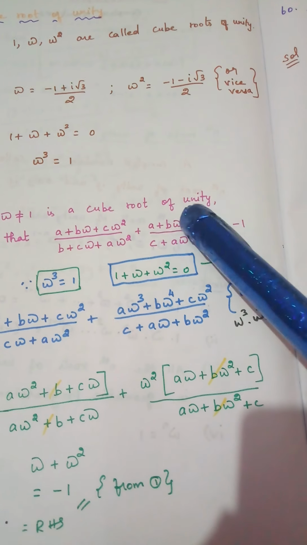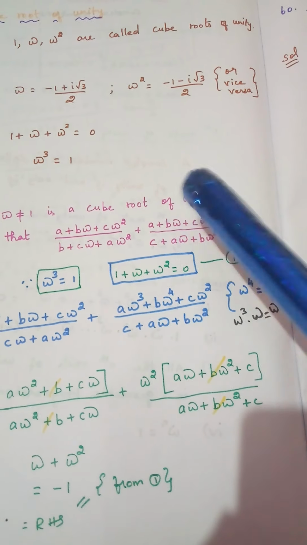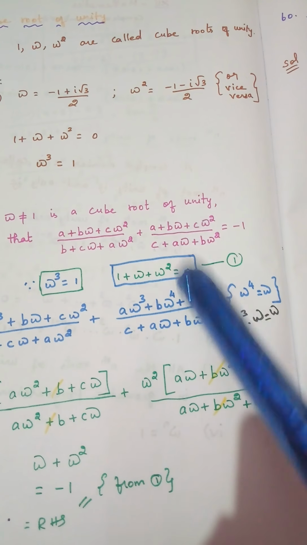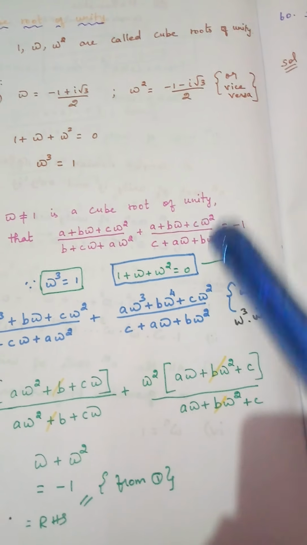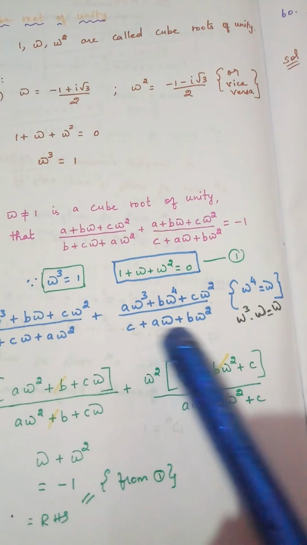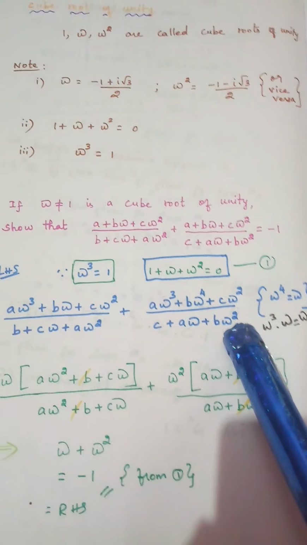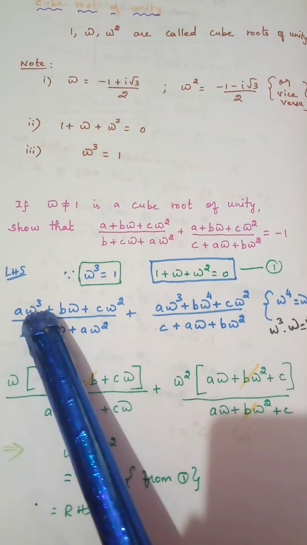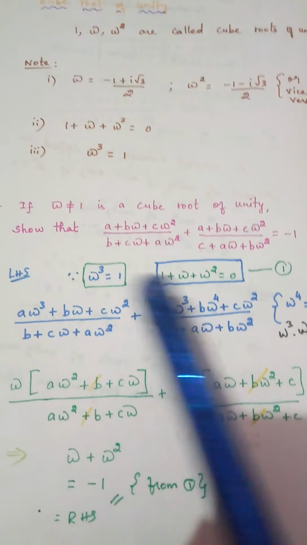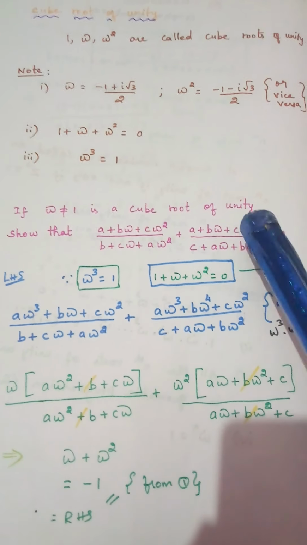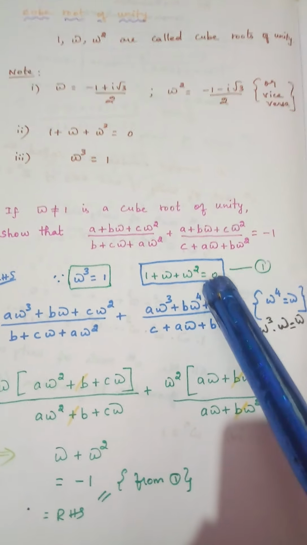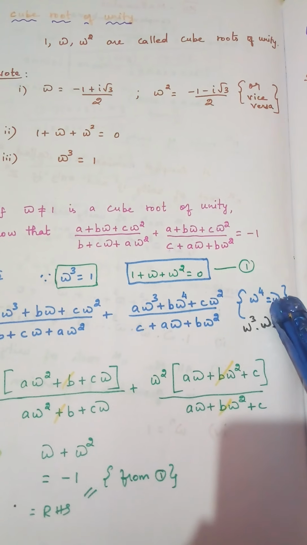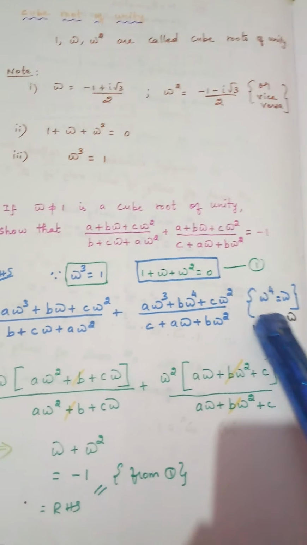So b, instead of writing omega, I am writing omega power 4, plus c omega square, denominator as it is. So again I'll mention the changes. Omega cube we joined. Instead of omega we have written omega power 4 because omega power 4 and omega are equal.